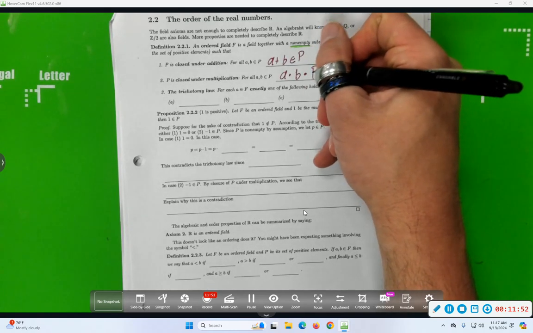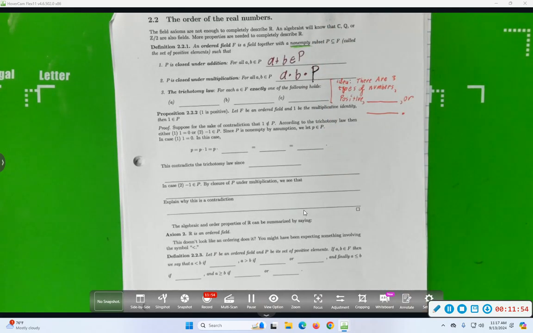The trichotomy law. Trichotomy is something that you'll hear a few different times in a few different contexts. Whenever you see someone say that some trichotomy law holds, they're telling you that exactly one of three things is going to happen. And in this case, here's the thing you should think of. There are three types of real numbers.